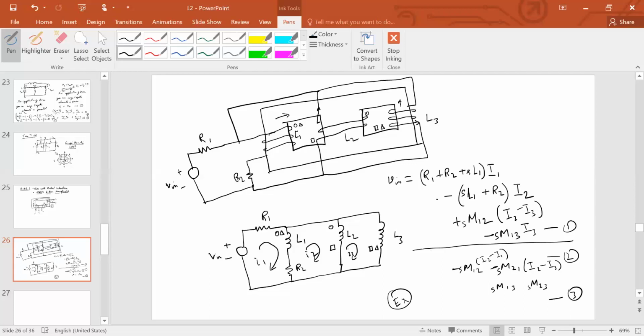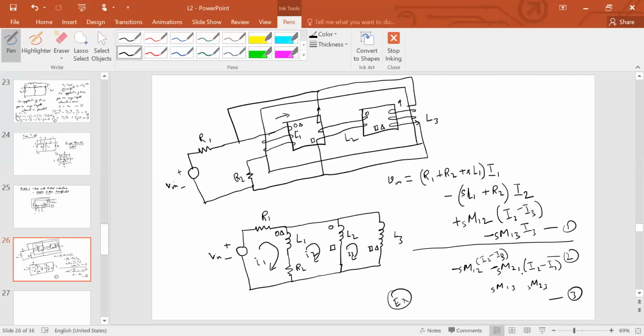Wait, am I getting this correctly? M12 is basically the current through L2, so it should be I2 minus I3, right?